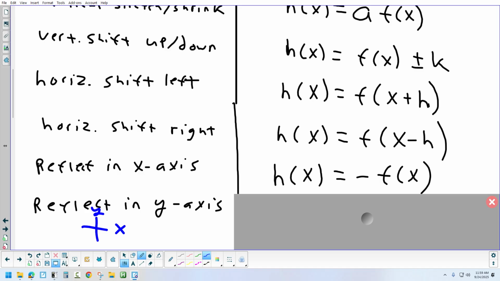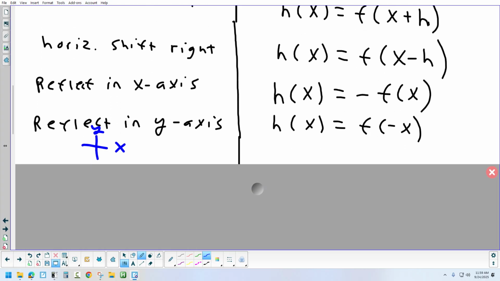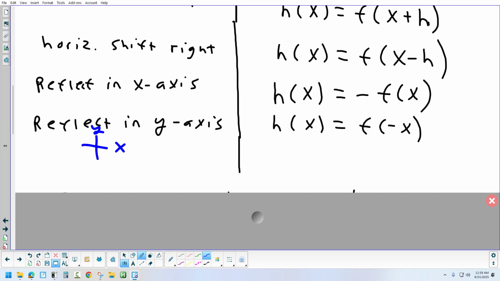Negative in the front flips it over the x. Where would you put the negative if you want to flip it over the y? Inside. So now we've got a chart that's going to work for the whole year that tells you how it's going to flip or how it's going to shift, depending on where you add or subtract. Any question on that?